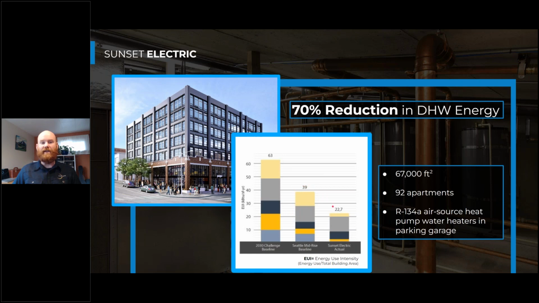And so we installed a heat pump water heating system and other energy efficiency measures in this building and reduced that EUI to 22.7. And that's actual measured performance. So we were able to dramatically reduce the energy usage there associated with heating water for domestic applications.